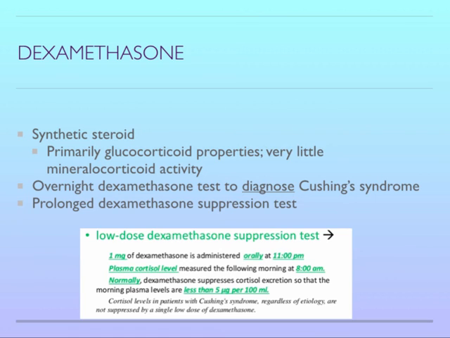Normally, the dexamethasone will suppress cortisol excretion so that the plasma levels will be less than 5. Patients with Cushing syndrome are not suppressed by the single dose of dexamethasone. So their cortisol levels will be much different than they would be in a patient that did not have Cushing syndrome. The only factor I want you to understand with this is that it's also used for diagnosis.